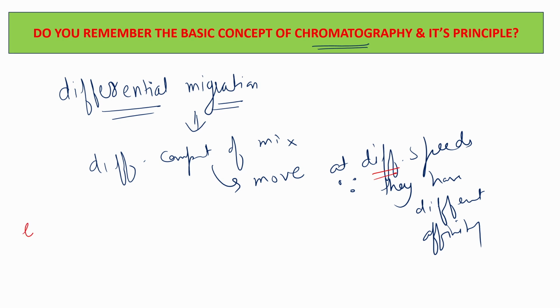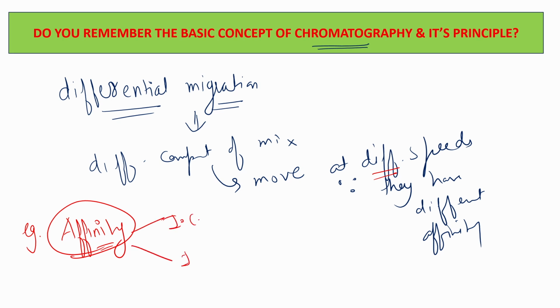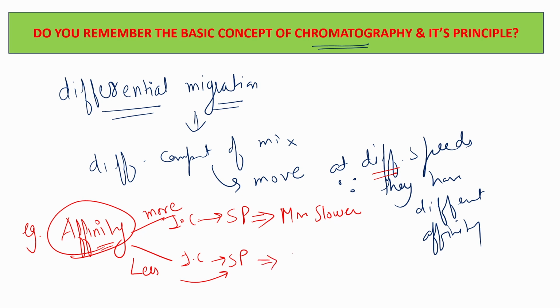For example, if we see the affinity, every component has a different affinity. If we check the affinity of an individual component towards the stationary phase, if the affinity is more towards the stationary phase, then that component will move slower, and if the affinity is less towards the stationary phase, then that component will move faster.